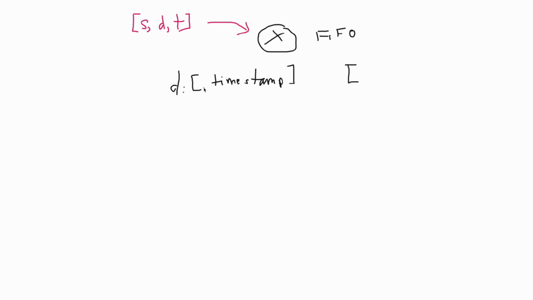Let's say we have the destination 5, and it will have a lot of timestamps, for example 90, 95, 97 and 100. You can see that the timestamps are in sorted order.